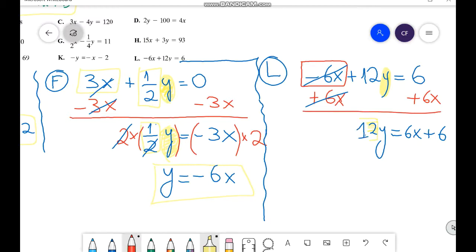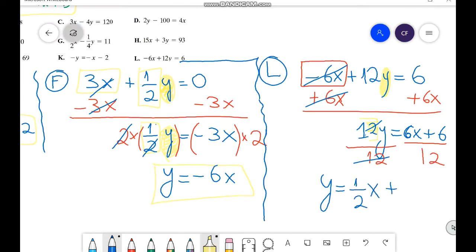And what we will do is divide both sides by 12. Then 12 divided by 12 is 1, y equals 6 divided by 12 is 1 over 2, x, plus 6 divided by 12, again, 1 over 2. This is going to be the answer.